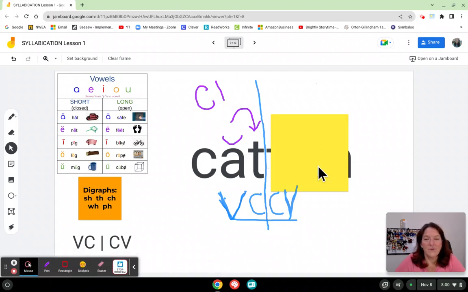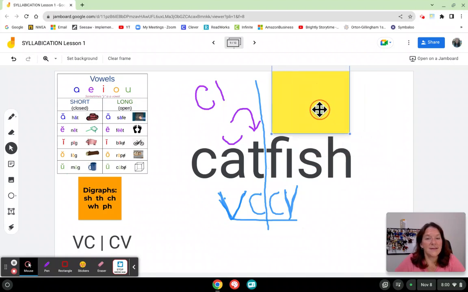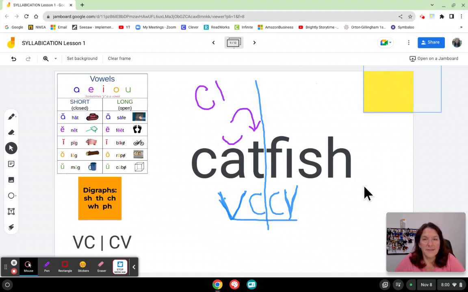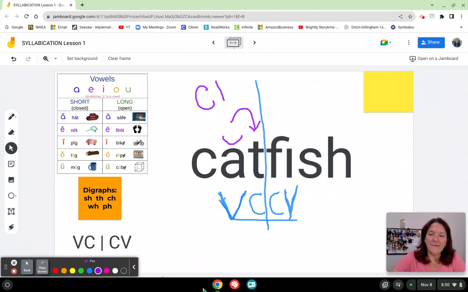All right, I'm moving on to the second syllable. I'm going to move this aside this time. I'm not covering up the second one or the first one. Now, I find my vowel. I see there is a consonant after the vowel, so it is a closed syllable.